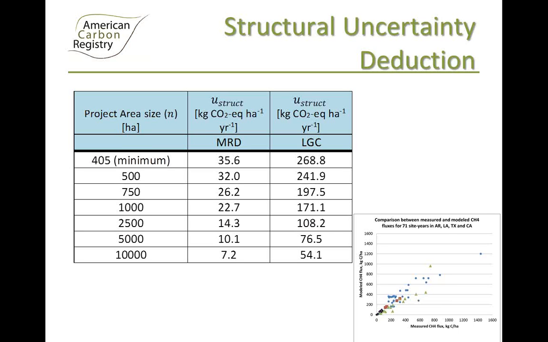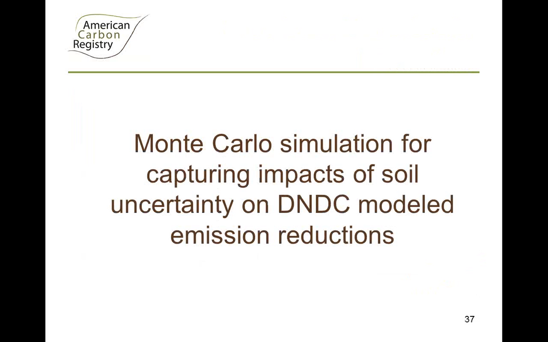But as you aggregate to larger areas, that deduction factor decreases. Again, for the Louisiana Gulf Coast region, we have slightly larger deduction factors. Again, those deduction factors decrease with a larger area. So each of the ACR modules will have an associated table with it that the project developers will use for accounting for model structural uncertainty.